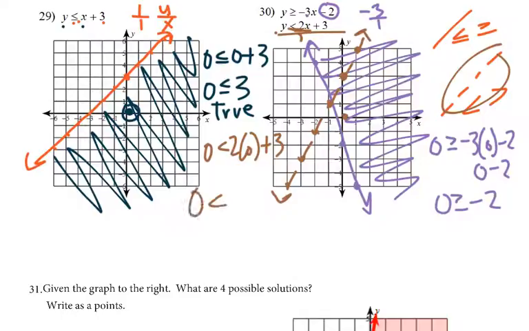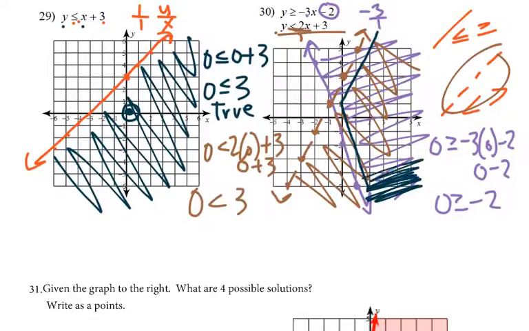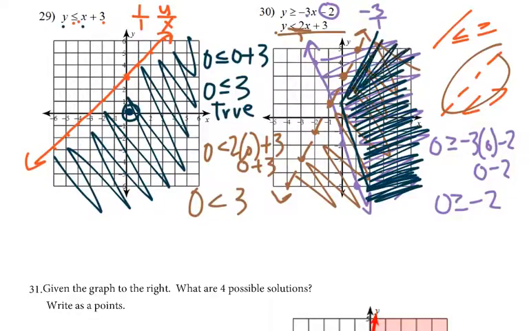Left side's already simple, right side, 2 times 0 is 0, 0 plus 3 is 3. Is 0 less than 3? That's true, so I shade this side. Now, because we have 2 of them, I look for that zone where everything is shaded, and that's my answer. Okay? That's my answer. Alright?